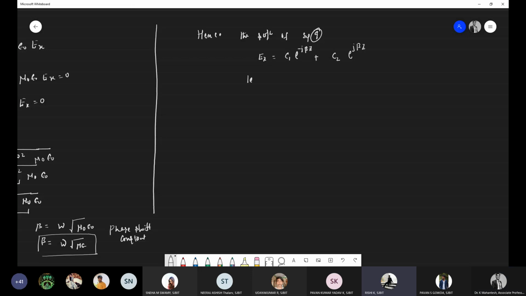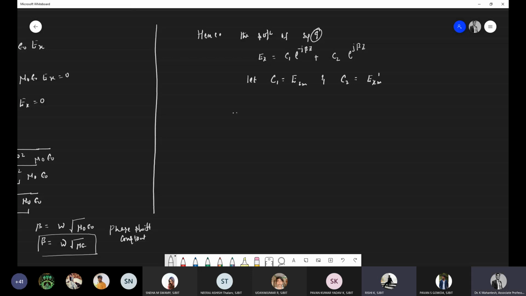But let C1, the constant, be equal to Exm, and C2 be equal to Exm dash.